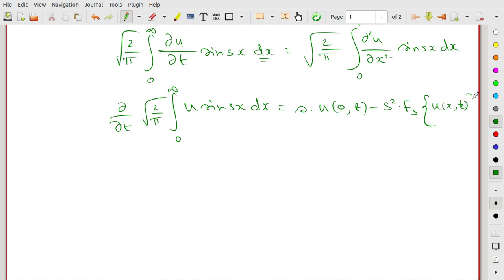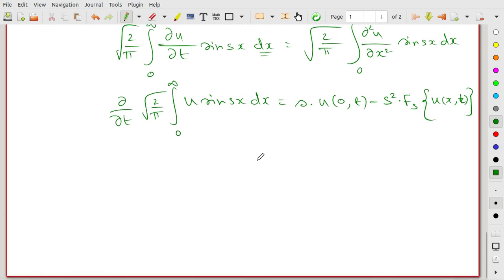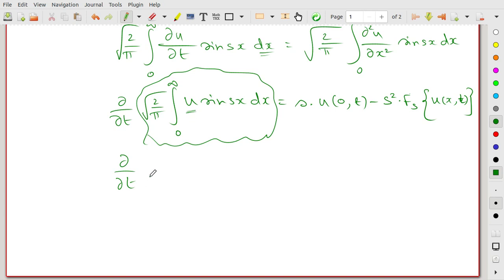And this integral is nothing but the Fourier sine transform of u of x comma t.